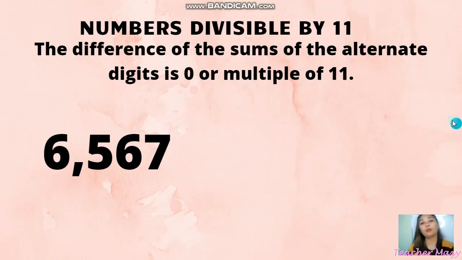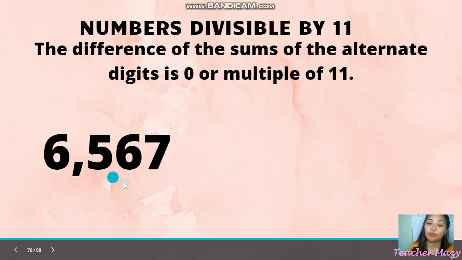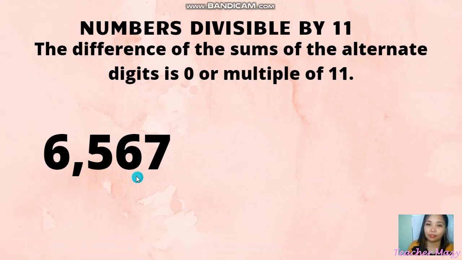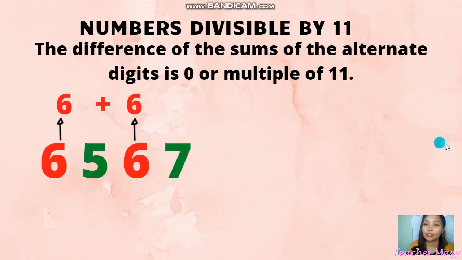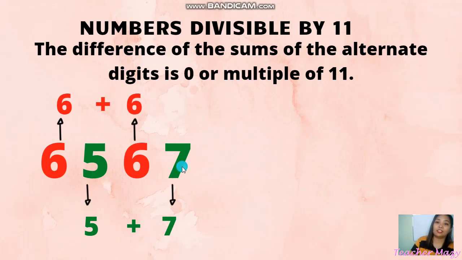So for example, we have 6,567. It says the difference of the sum. So sum muna tayo. Sum of the alternate digits. When we say alternate digits, yung hindi siya magkasunod. Laktawan. Ayan. So, 6 and 6 are alternate digits and 5 and 7 are alternate digits.